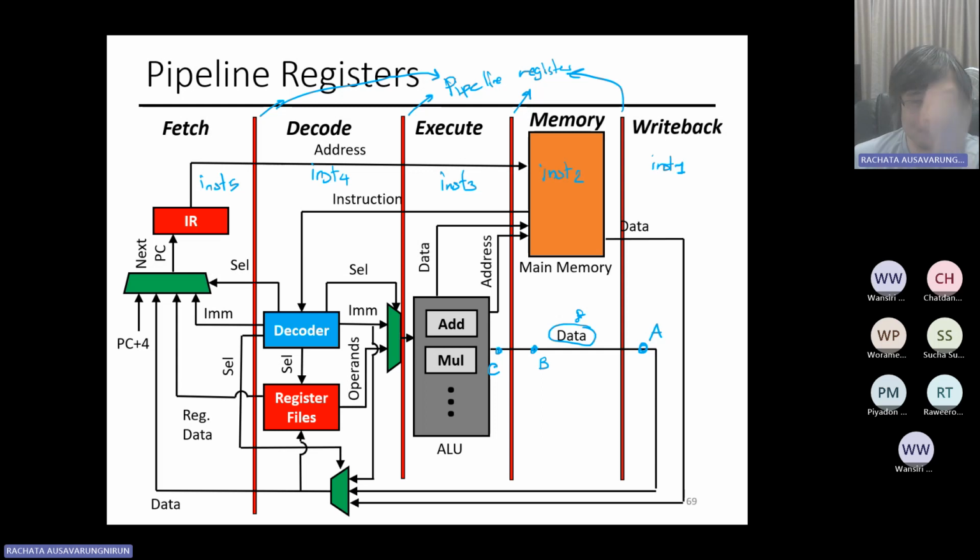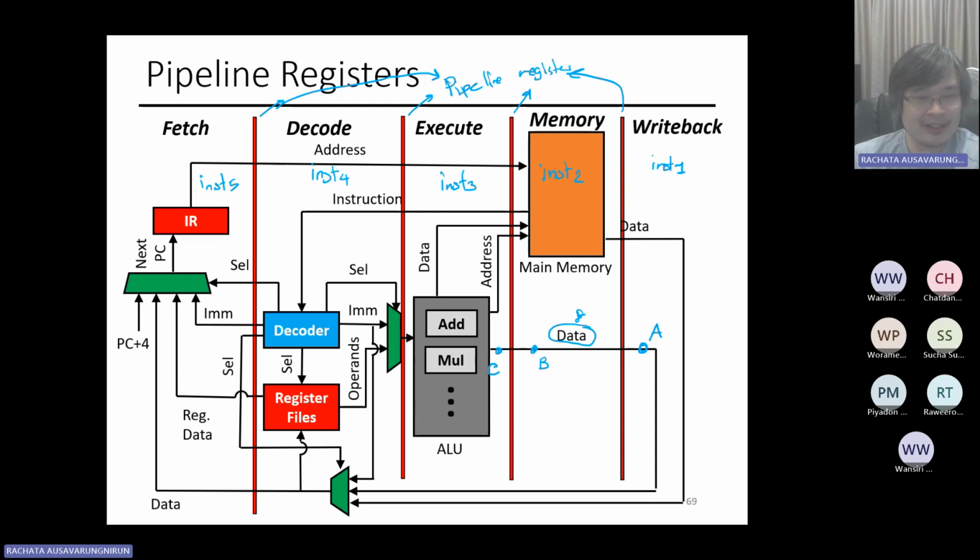Instruction 1. Then point B, in theory, is the same wire, right? Without the pipeline register, that becomes the same wire, but you have to store the result from instruction 2. And for point C, it has to be whatever is coming out of the ALU, which is from instruction 3.